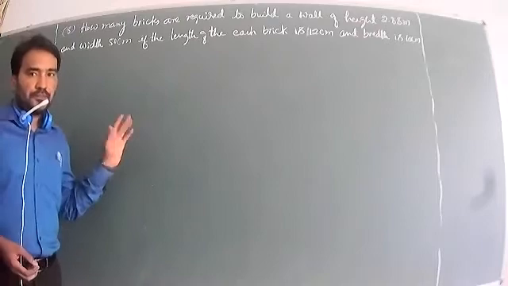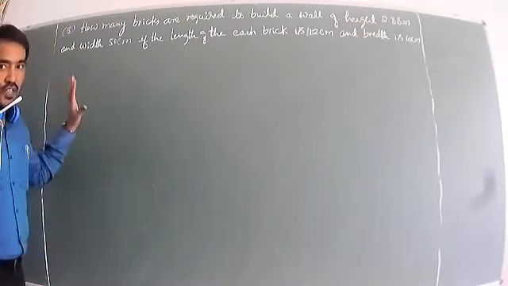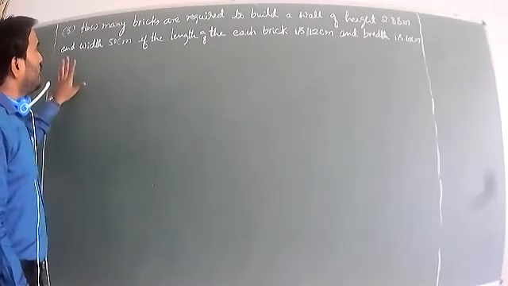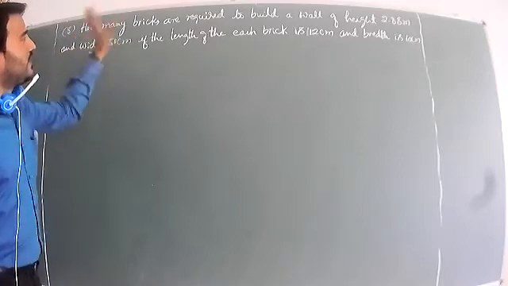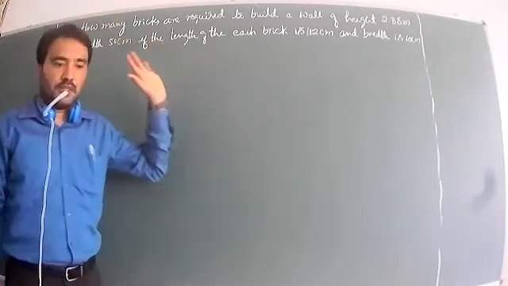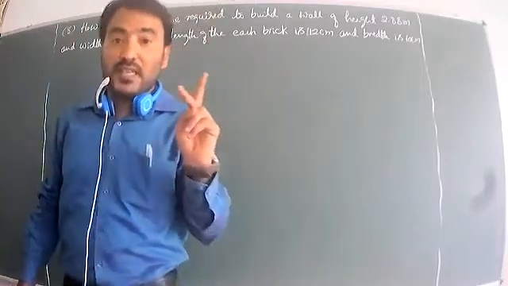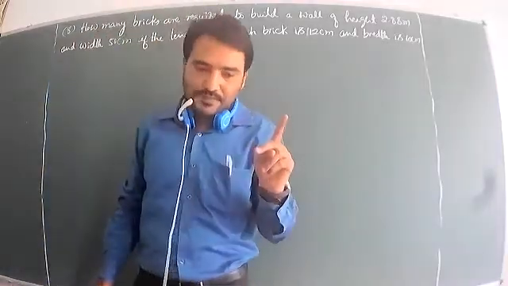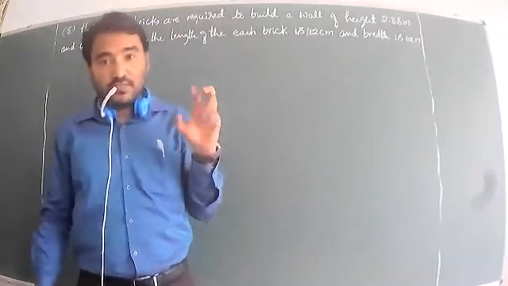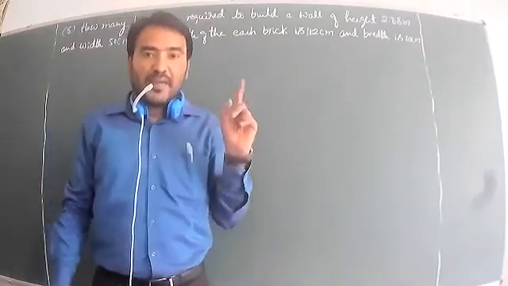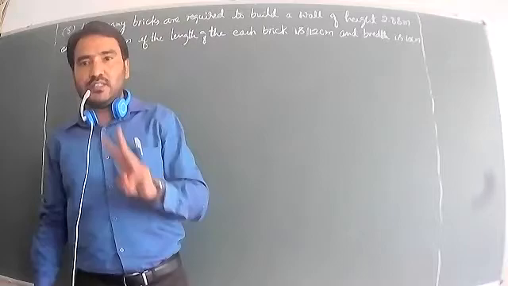Okay, look at the board. First, we have to read the question and then understand. First, how many bricks? Then how many cement slabs? That is the same question. Next, determine the number of squares. That is the same question. How many bricks? This is the third one, the same question.